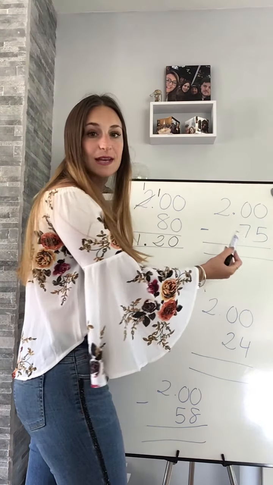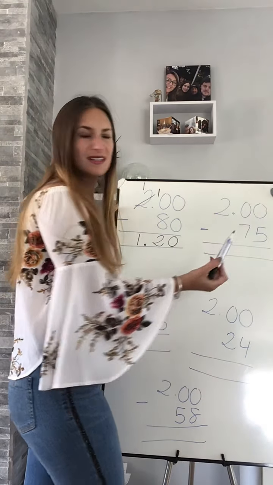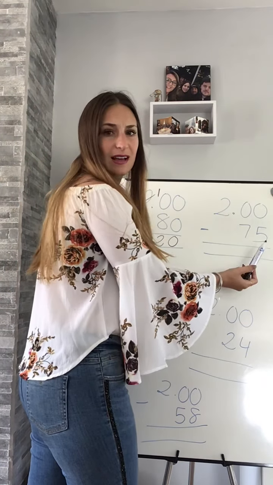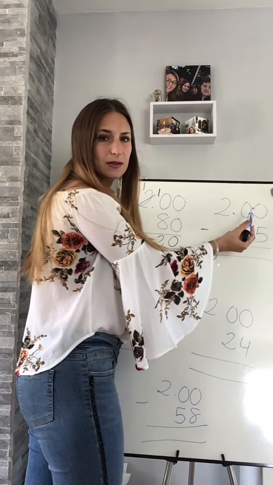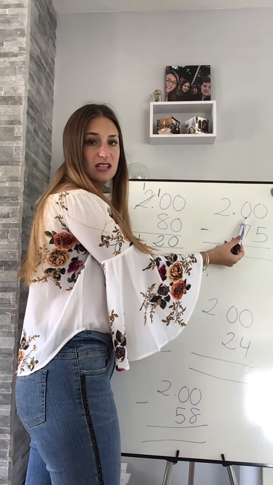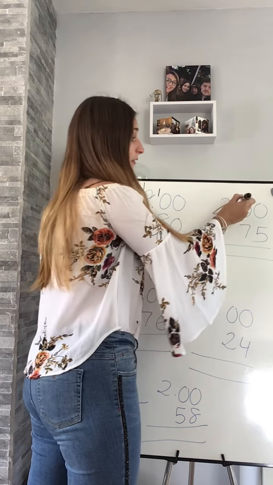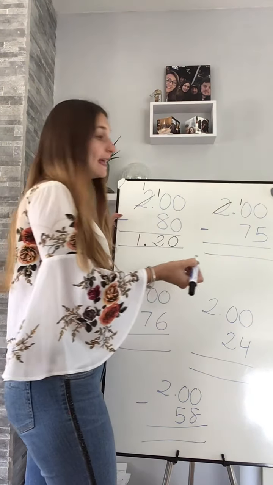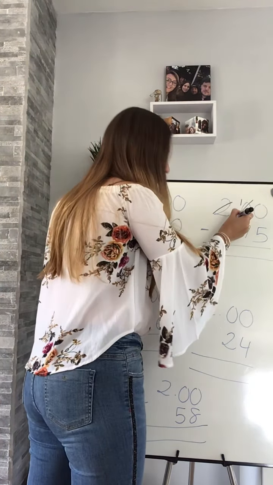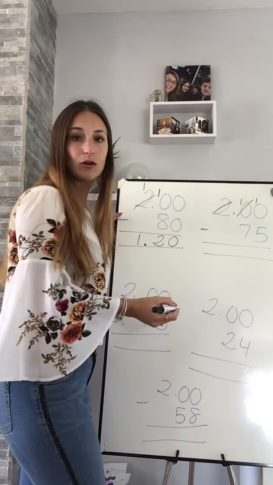£2 take away 75. 0 take away 5, I cannot do that, so I need to exchange. But wait, I cannot exchange anything from my tens because I have 0. So I will need to exchange from my hundreds to my tens. And now that I have 10, I can exchange and get 10 for my ones.